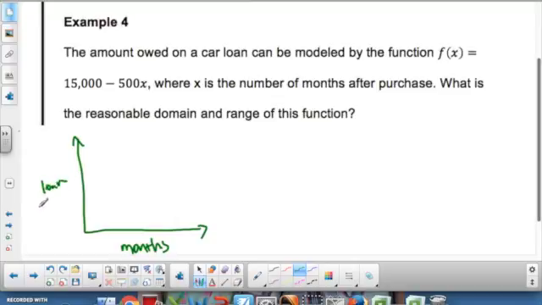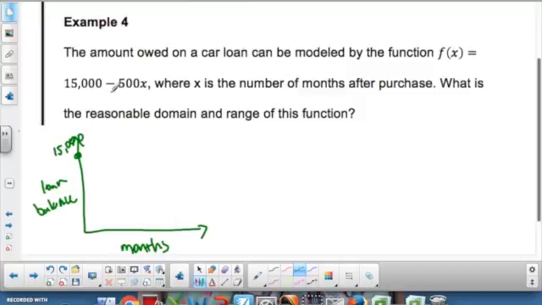So your loan balance is going to be your y. My starting value, or my y-intercept, is 15,000. This is just a rough sketch just to get an idea of what we're looking at. This is a really good strategy for dealing with word problems. It doesn't necessarily require you to do a graph, but you just need a picture to really understand what you're looking at.